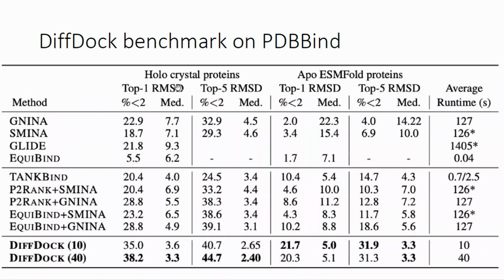Basically you challenge it with either a holo-stage crystal protein, where you already know the bound structure of the protein and you just want to solve where to put the small molecule, or you challenge it with the apo-stage protein, the unbound protein, which you predict with AlphaFold or ESMFold. And this DiffDock approach, at least as of last year, is the state of the art for these docking problems.